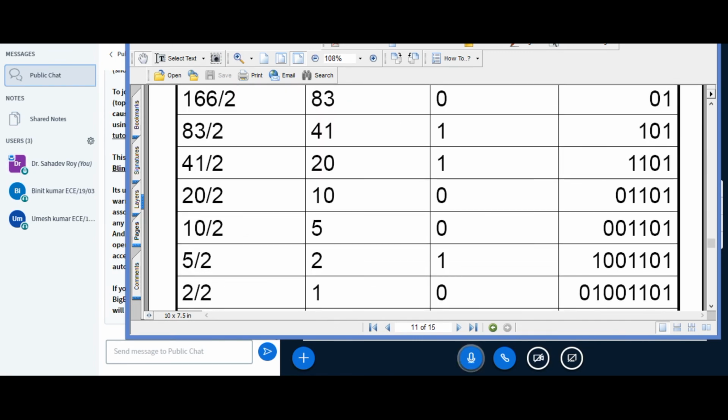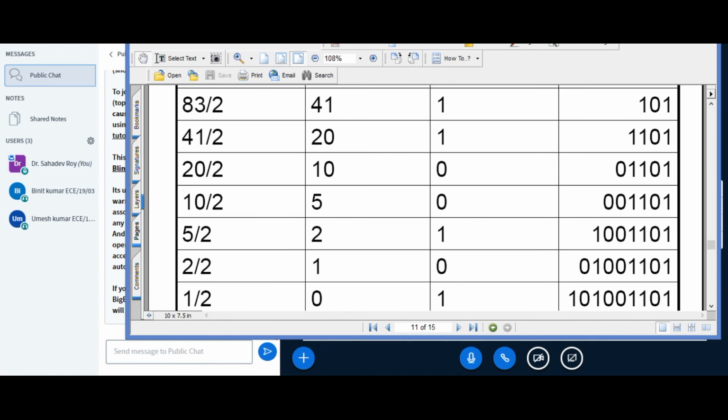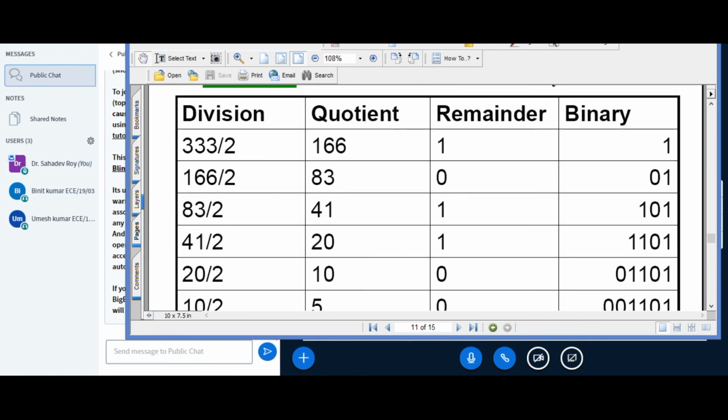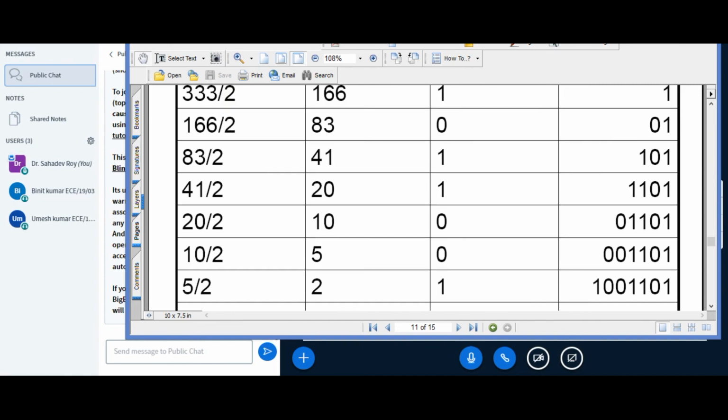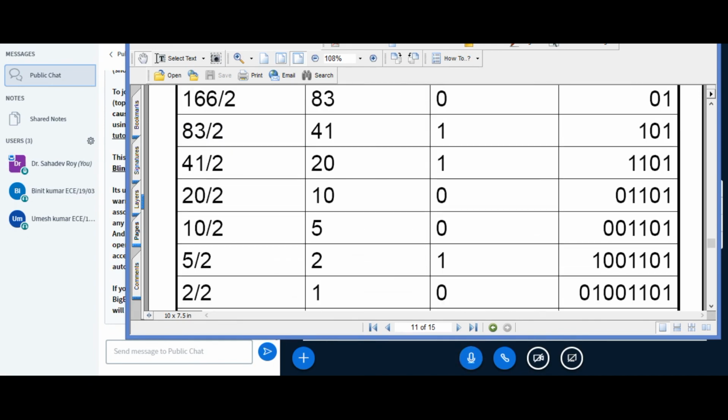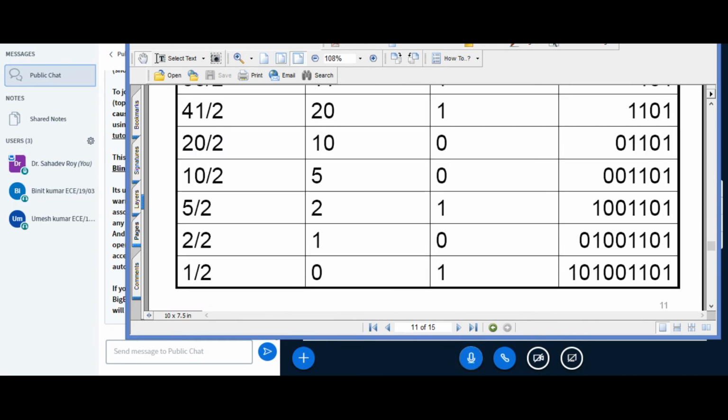So 0 is here. Again the value 1 appears here, 1 by 2. Is there any quotient? No, but the remainder is 1, and this 1 is here. So it is 0, we have to stop here.